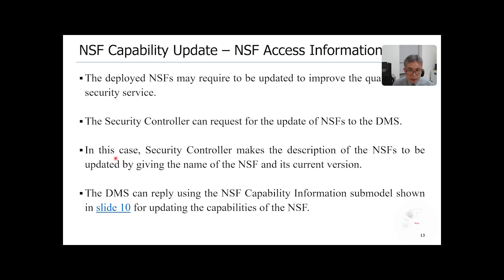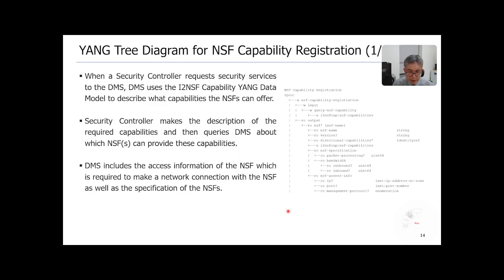In this case, the security controller makes the description of the NSFs to be updated by giving the name of the NSF and its current version. The DMS can reply using the NSF capability information model shown previously in slide 10 for updating the capabilities of the NSF.